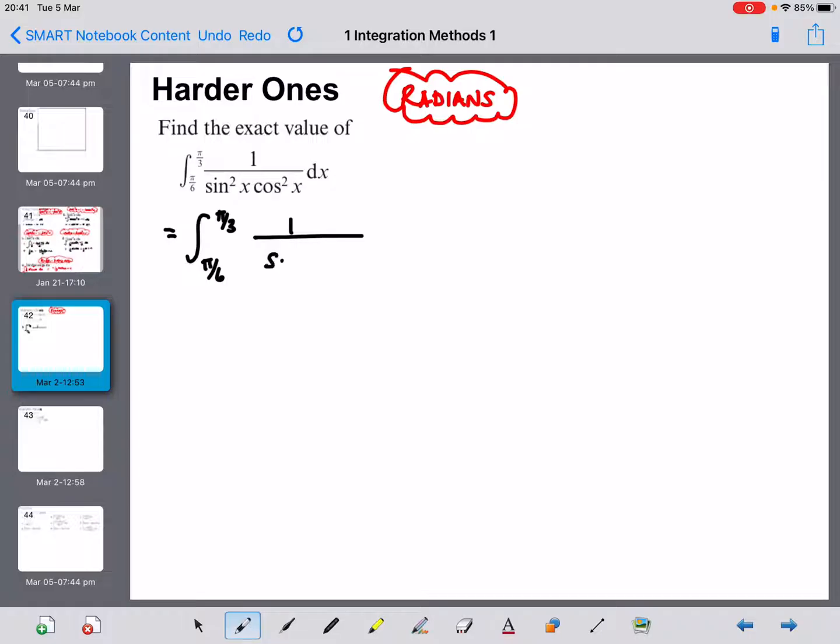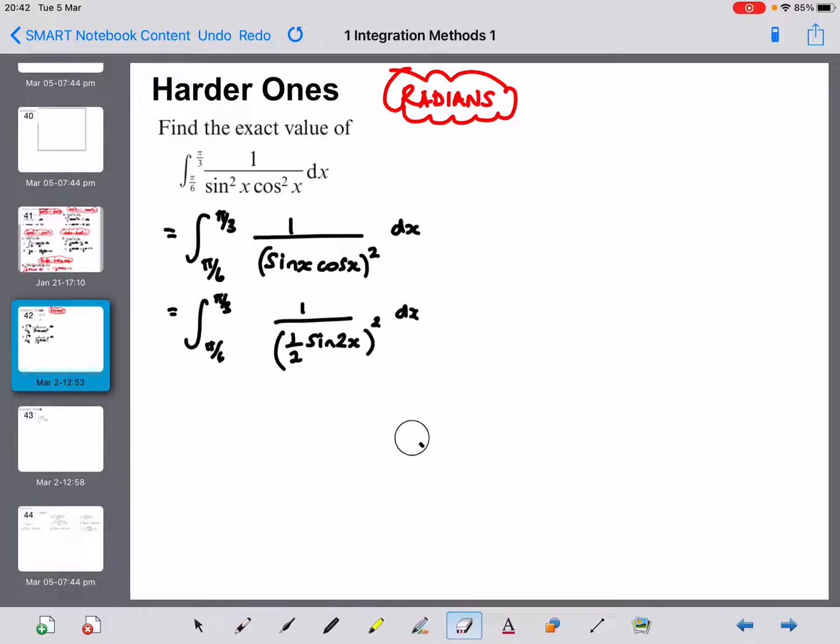So that's the same as 1 over sin x cos x squared. Now 2 sin x cos x is sin 2x. So 1 sin x cos x is a half sin 2x. Okay, and you'll see why I want it to be like this in a second.